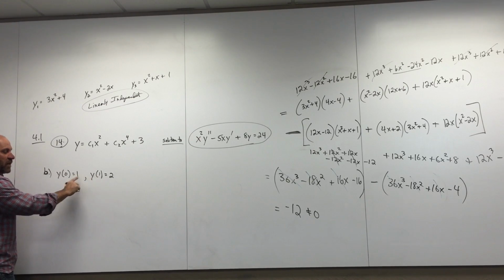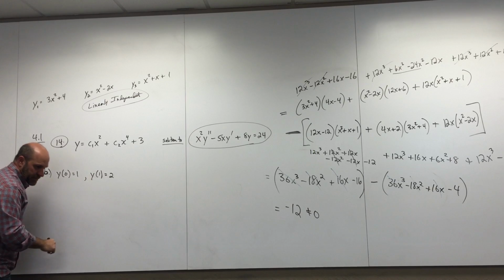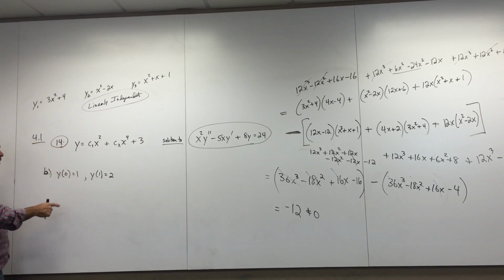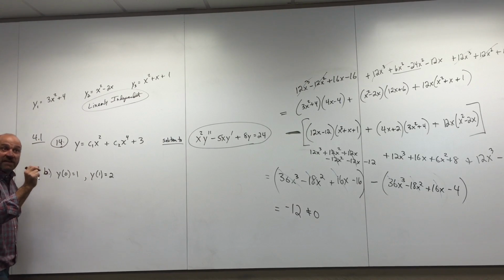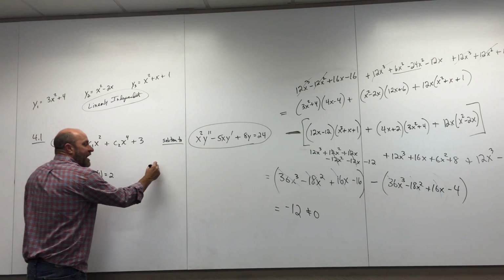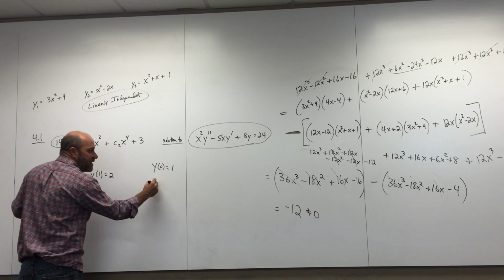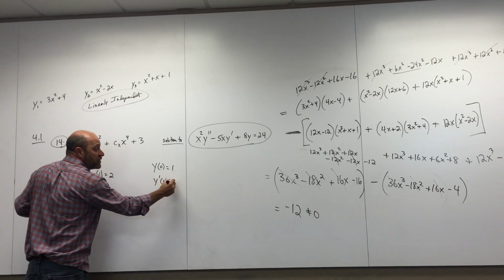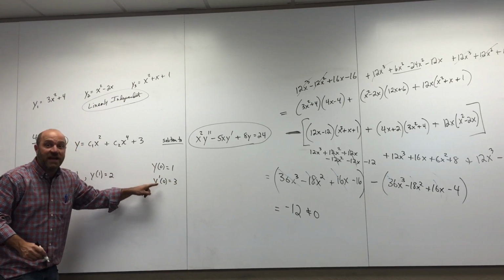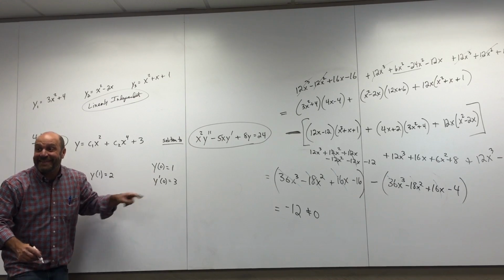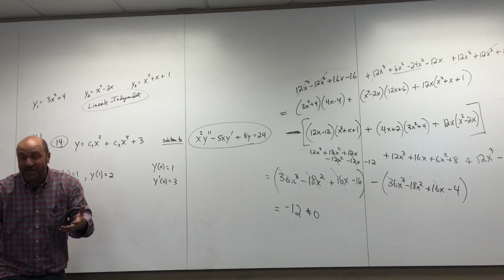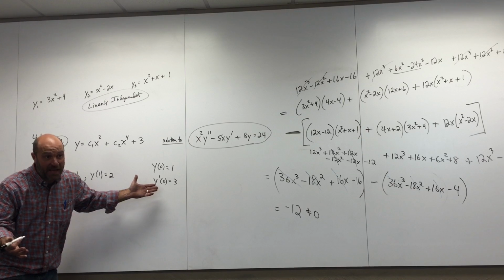Here's what makes them different. Initial conditions are all about what might be happening initially, like y of 0 equals 1, and then maybe y prime of 0 equals 3. These are things about what is happening initially, when t is 0 or x is 0.